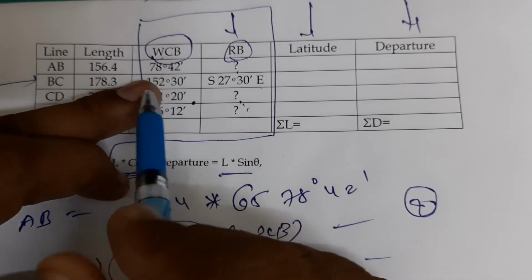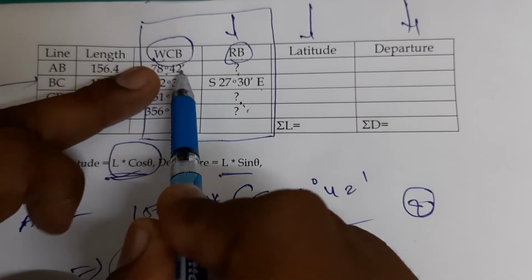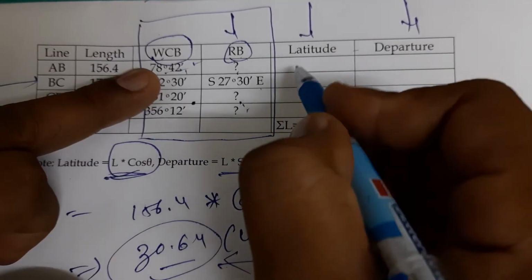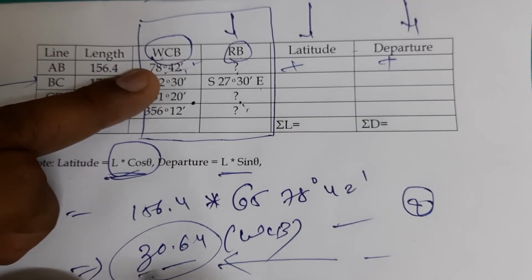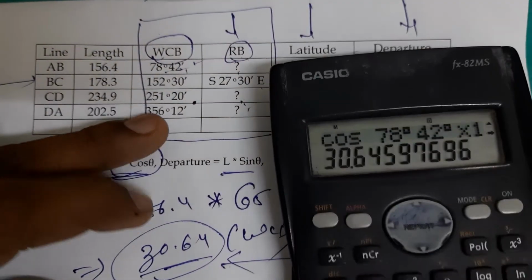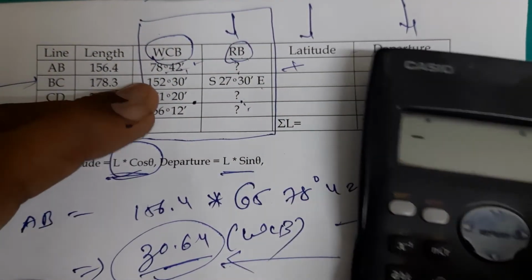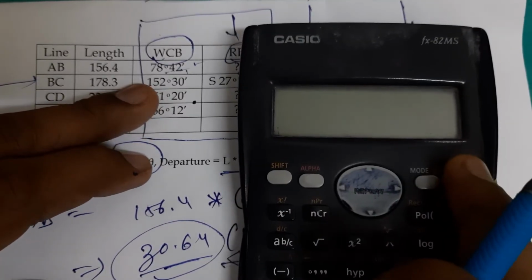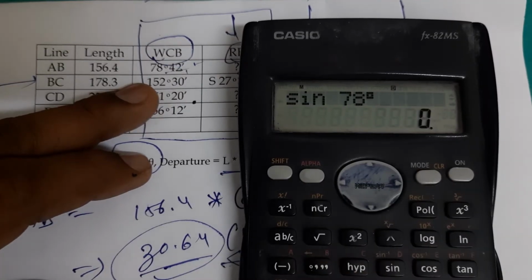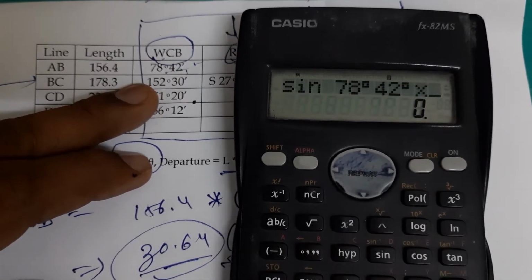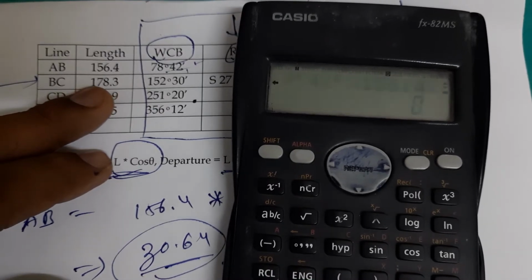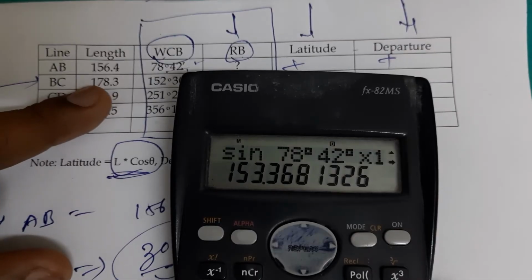And you know this angle is 78 degrees, which means it is in the first quadrant. In the first quadrant, the latitude and the departure are both positive. So here you can see plus 30.64 is given. Same for sin theta: the departure is sin 78 degrees 42 minutes multiplied by 156.4, and the answer is 153.36.